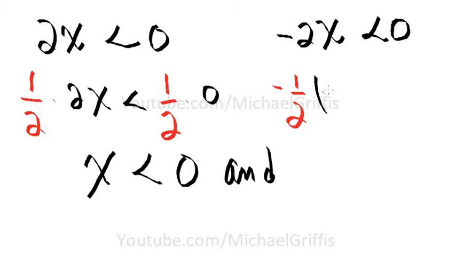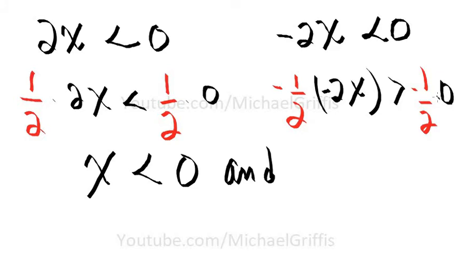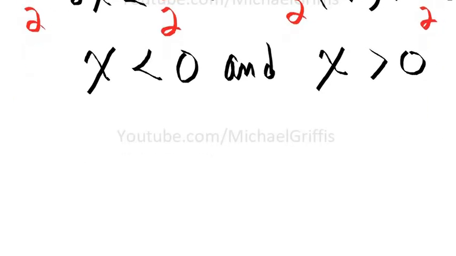Now remember, we flipped the inequality. Don't forget that. Negative a half times 0. So now we're left with x is greater than 0.